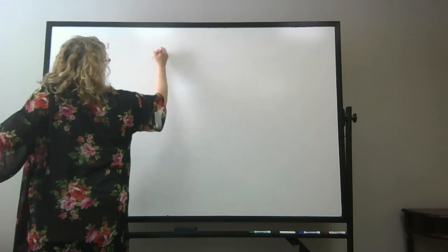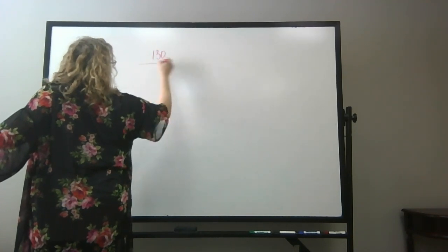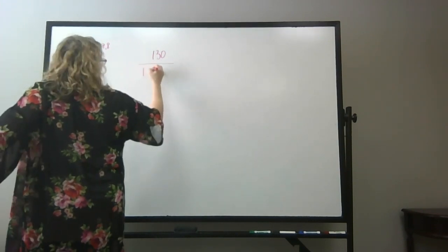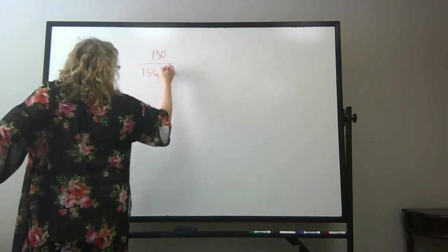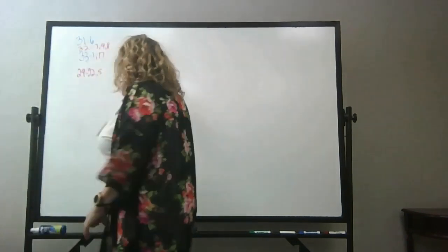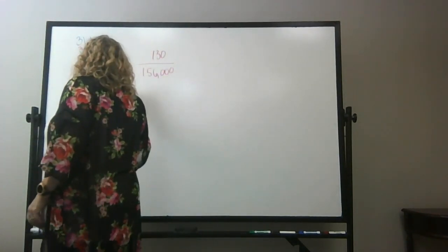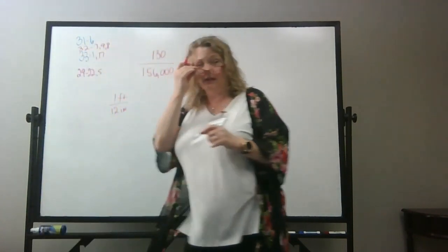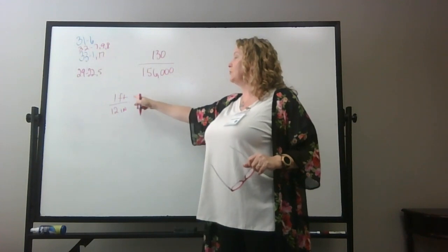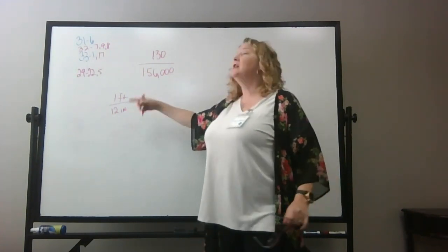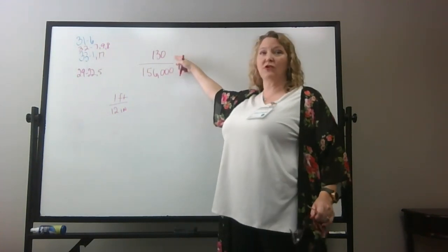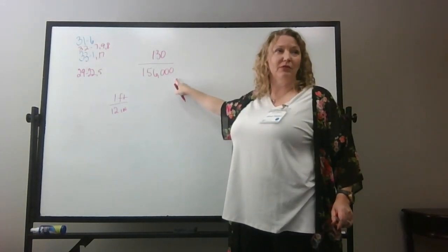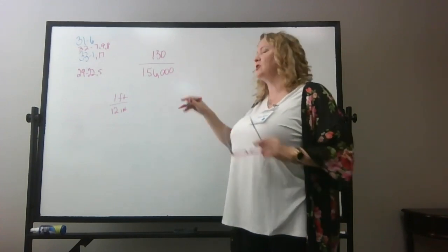Just like 1 foot is the same as 12 inches, 130 squirrels is equal to 1,560 hiding places. So that's how we're going to make that a fraction.